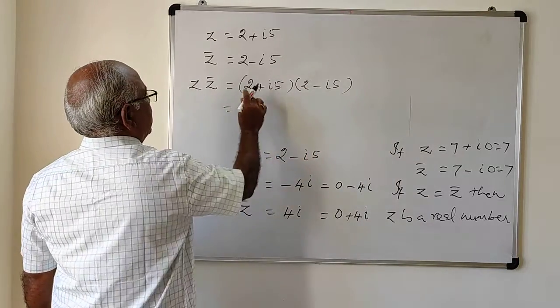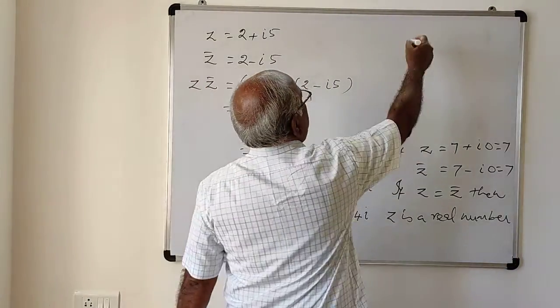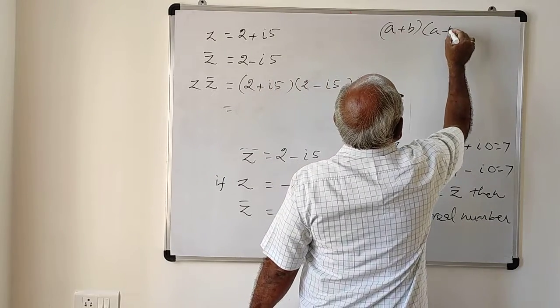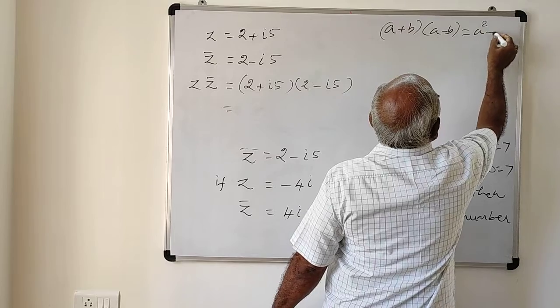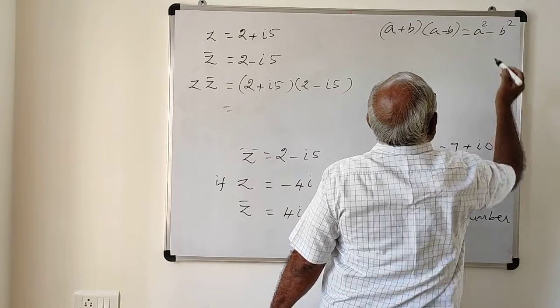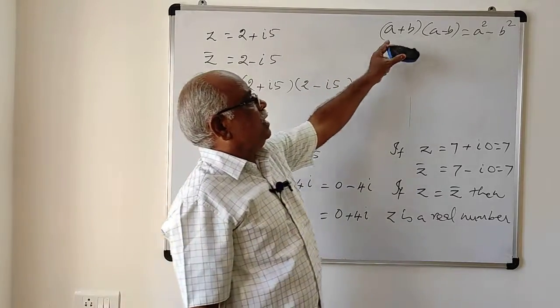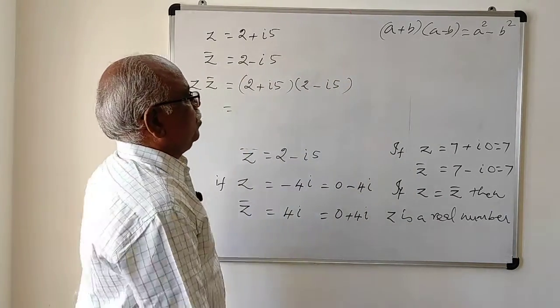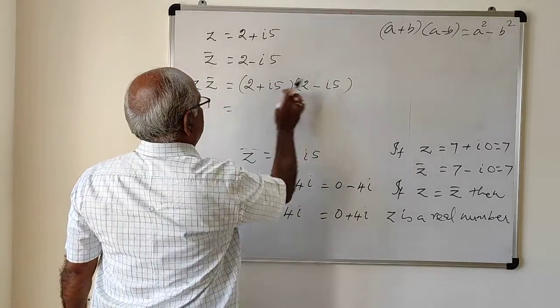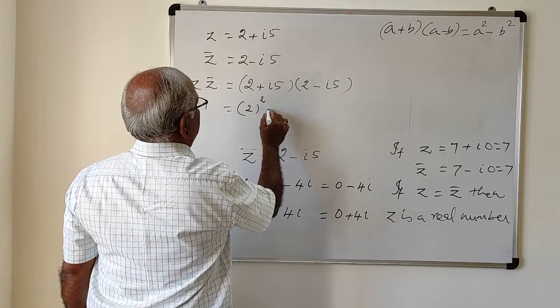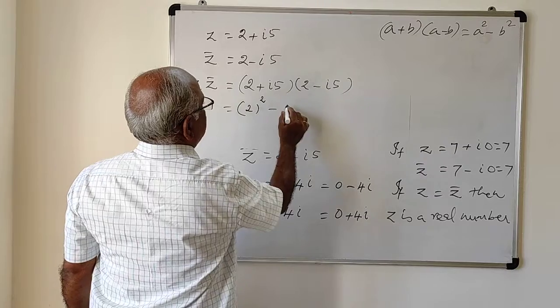That is a plus b into a minus b. In algebra, you know the identity a plus b into a minus b equals a square minus b square. A is 2, so 2 square minus b square.